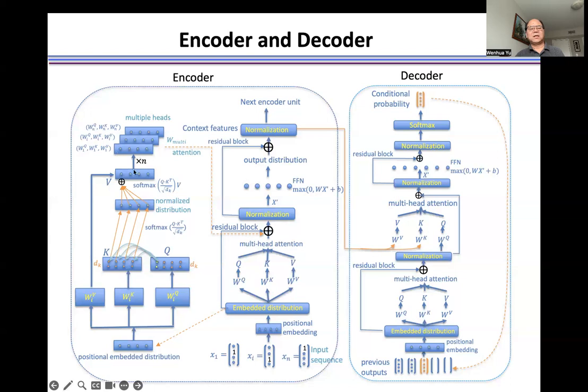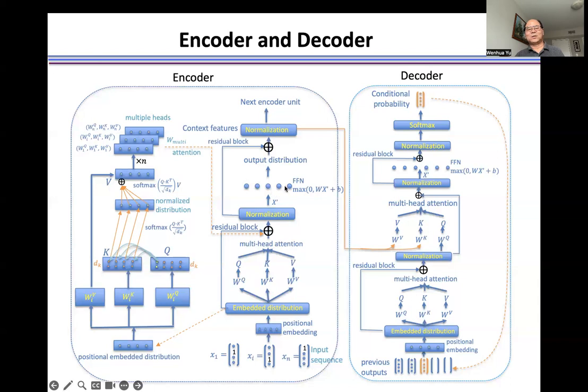And then we scan all the elements in the query, and we get a single head attention. By defining different groups of the matrices, we get multiple heads. And then we go back to the residual block of the encoder through this normalization layer.